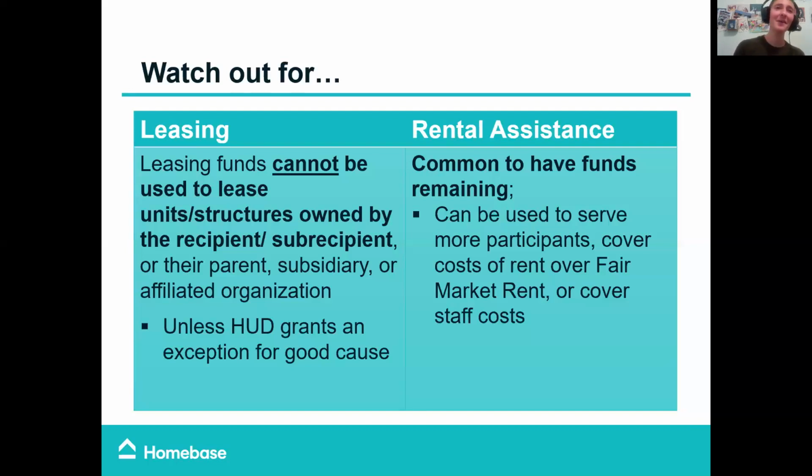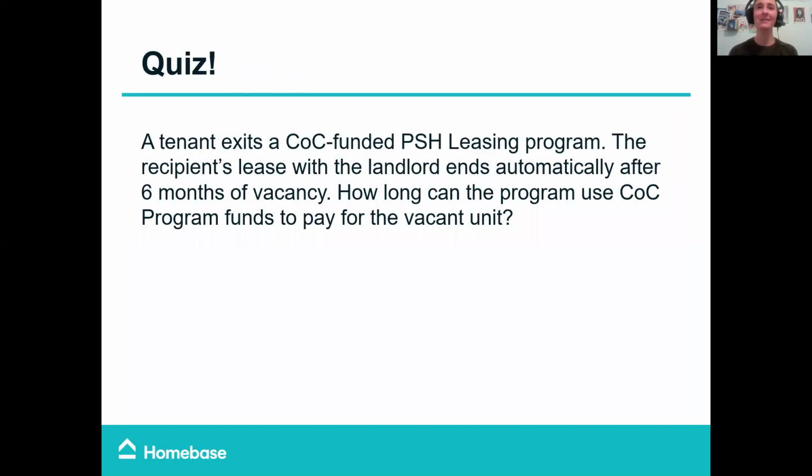Okay, I know that was quite a survey type approach to this. We jumped around a little bit. But on the next slide, I wanted to just touch back on the vacancy information that we covered. And I want to do a little quiz. Now with these quizzes, don't worry if you don't know the answer. That's not so much the point.